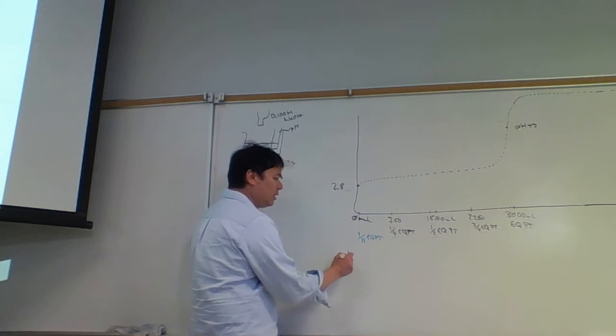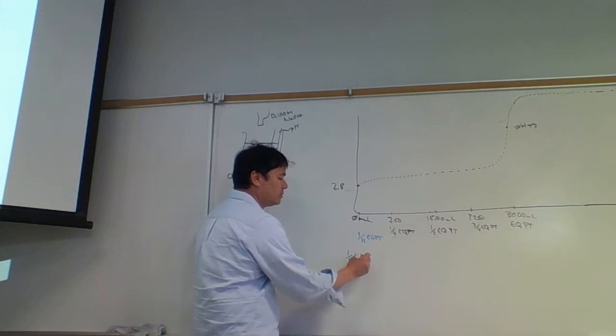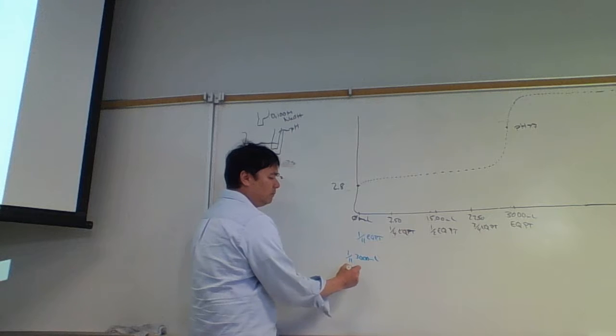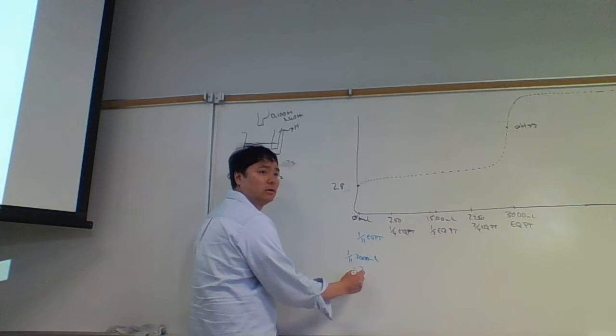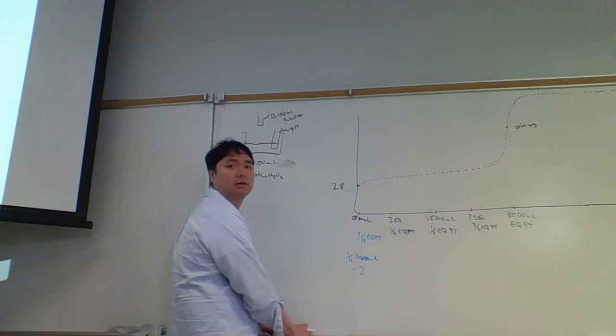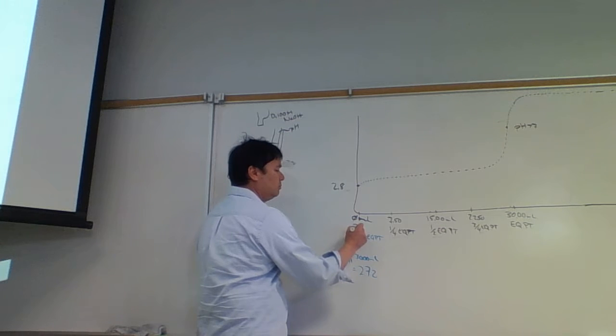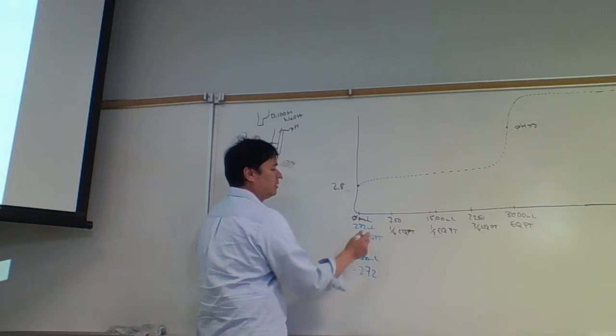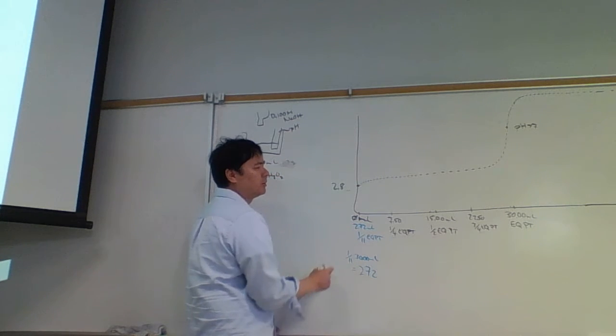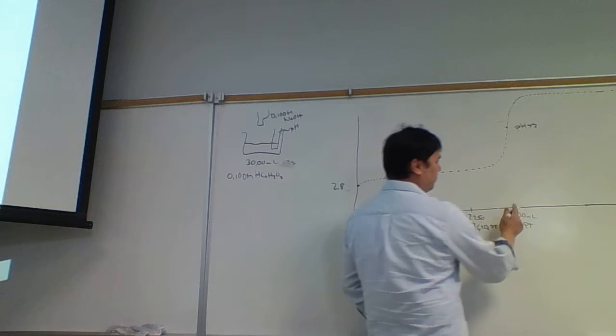And so what is 1/11th of 30.00 milliliters? What is it? 2.72? Okay, so at 2.72 milliliters, we should have the 1/11th equivalence point. And over here, we want one more.